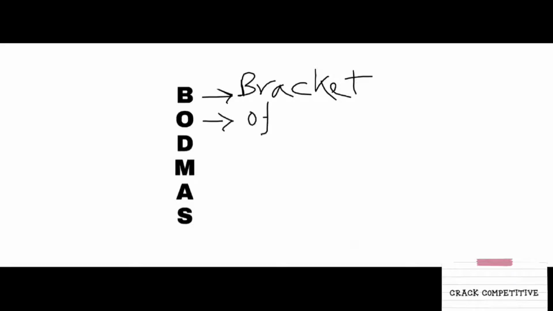So what does this BODMAS mean? B stands for bracket, then comes Of. What is Of? Of is actually a form of multiplication, but it comes before multiplication or division in an equation.